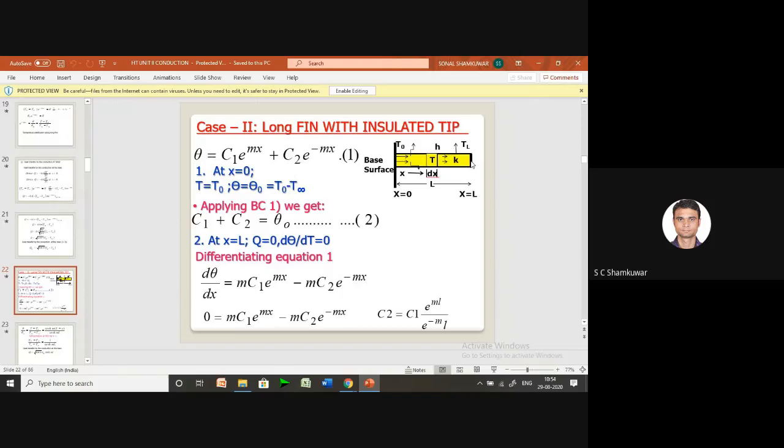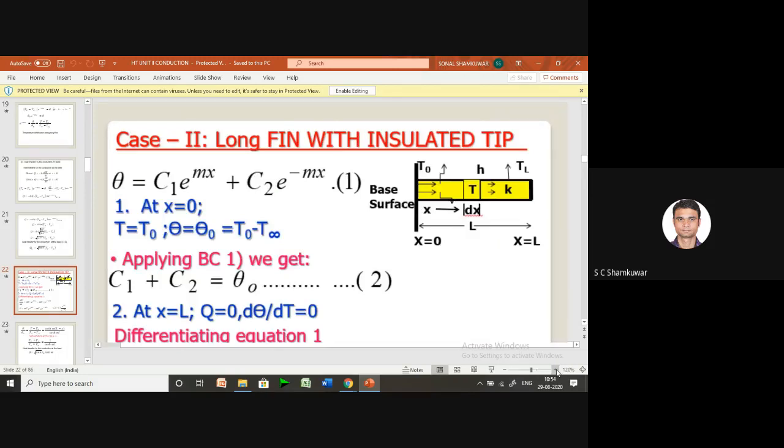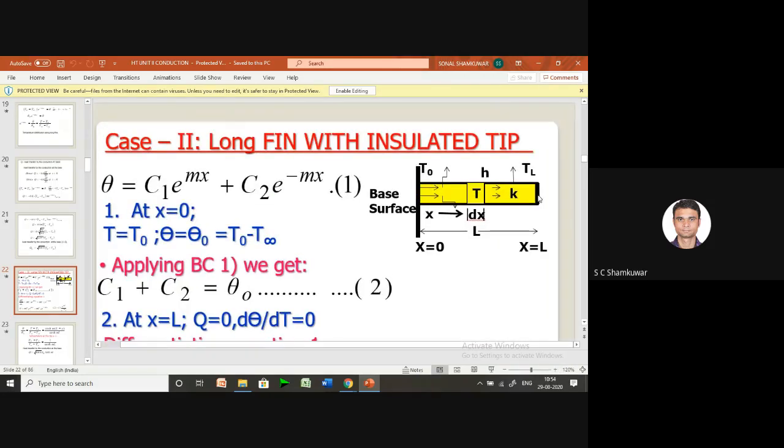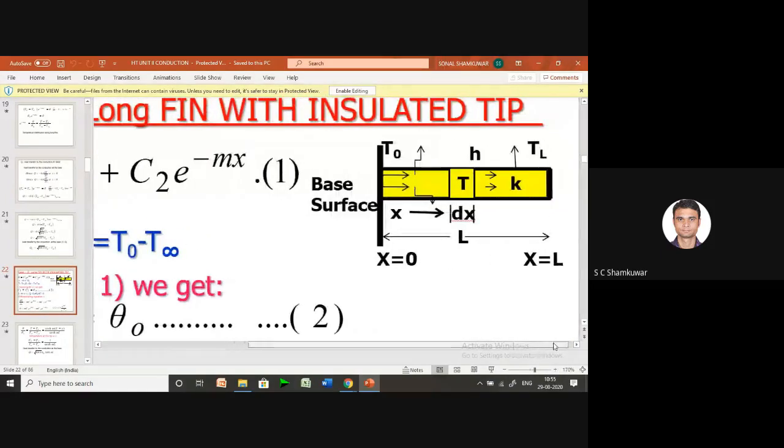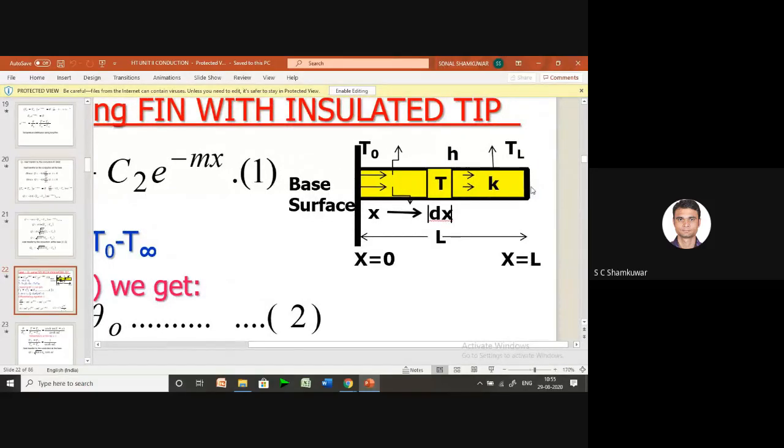Long fin with insulated tip means the tip which we are going to consider will be insulated. I am trying to show the insulation.